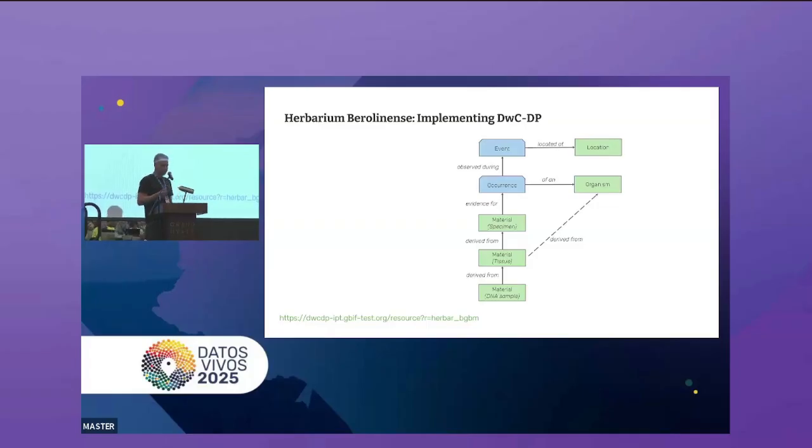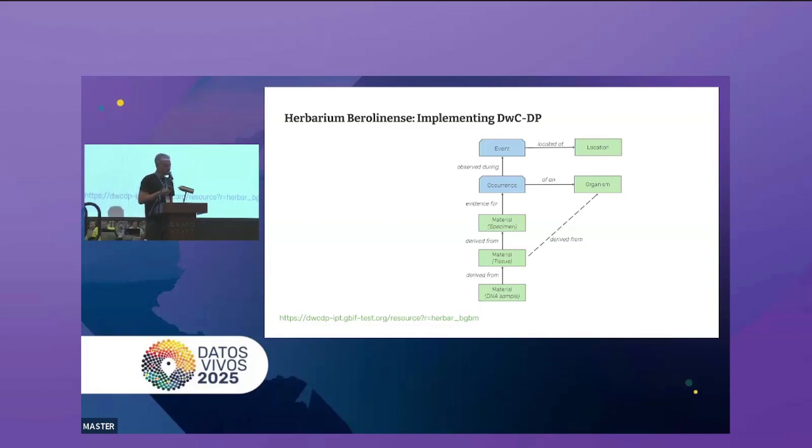First is the specimen, that is the specimen gathered on site. Later, the material sample, the tissue sample, is taken from the specimen, and the DNA is taken from the tissue sample.